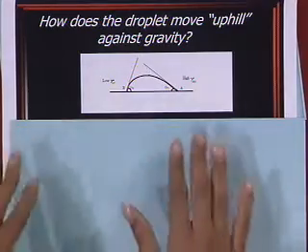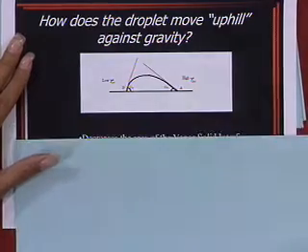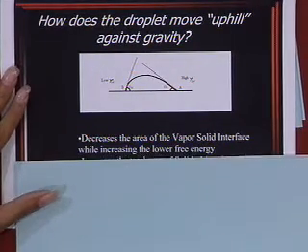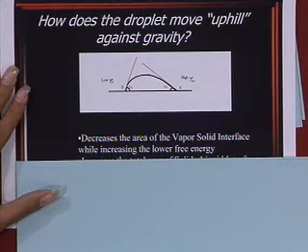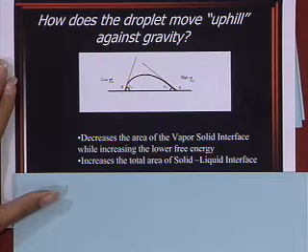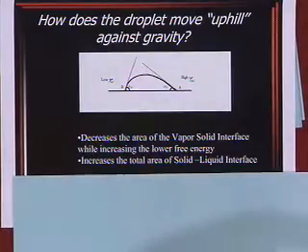And this is shown in this diagram here, it actually shifts towards the higher energy area. When that happens, it decreases the area of the vapor-solid interface while increasing the lower free energy. It also increases the total area of the solid-liquid interface. And these are the principles for how the actual water droplet moves.